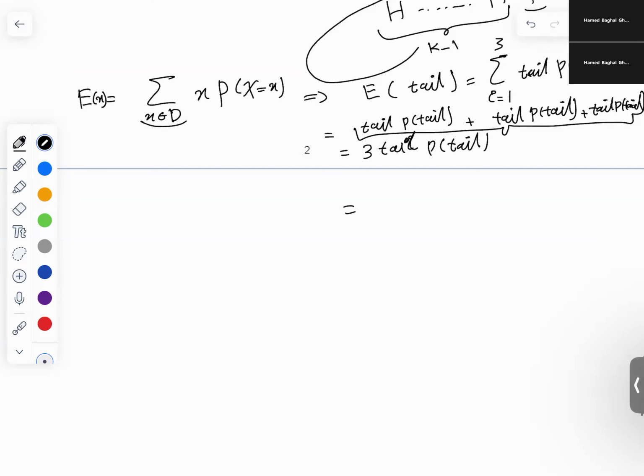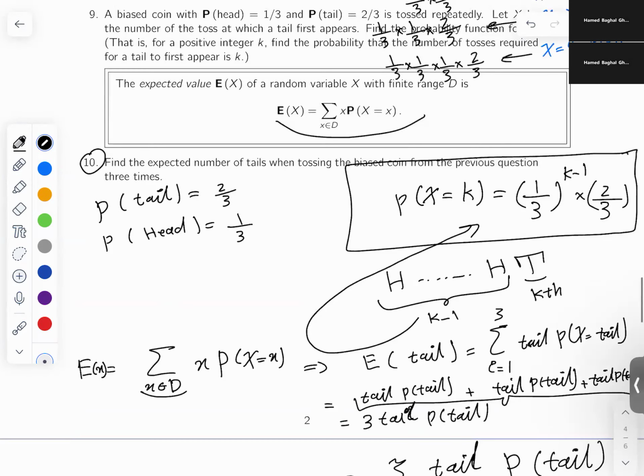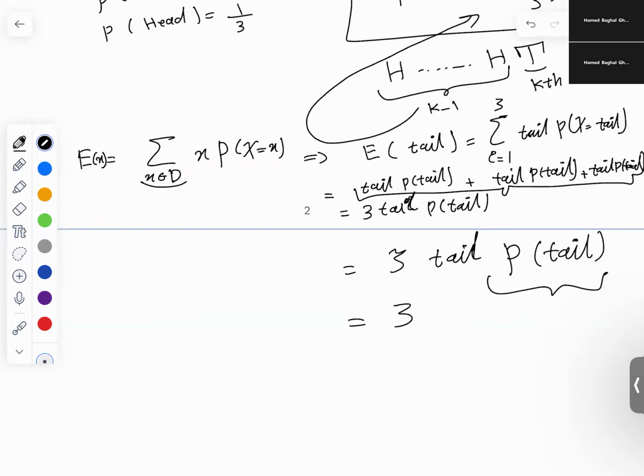From here, 3 tail times probability of tail. What's the probability of tail? Yeah. So 3 tail, 2/3. So it will be times 2 tails.